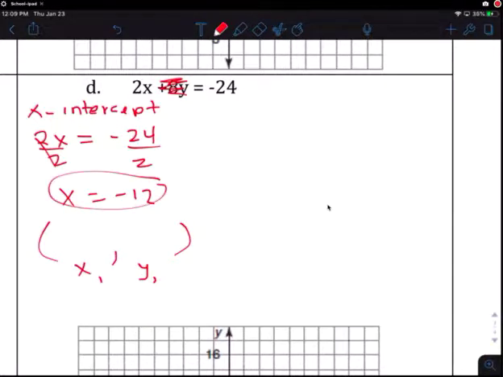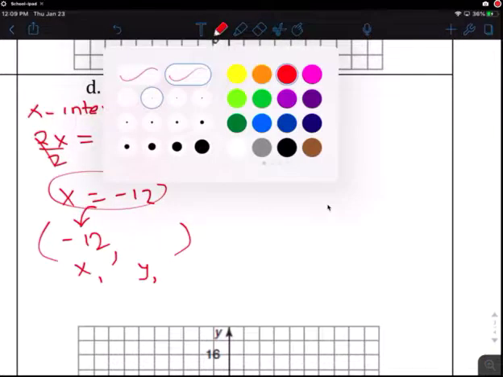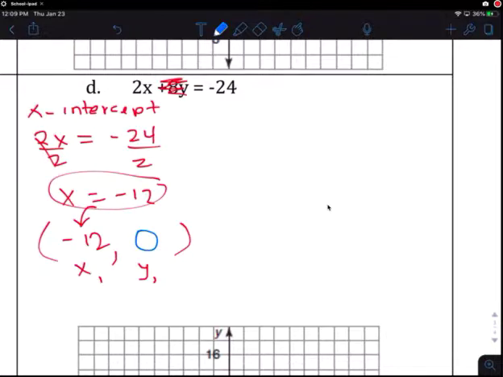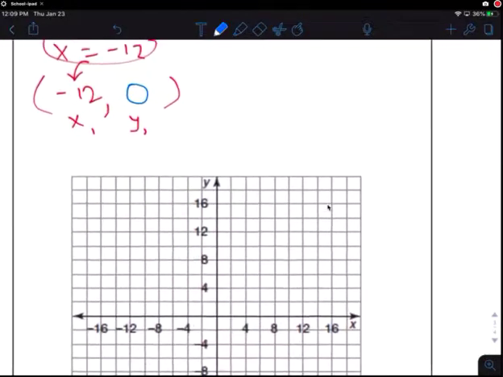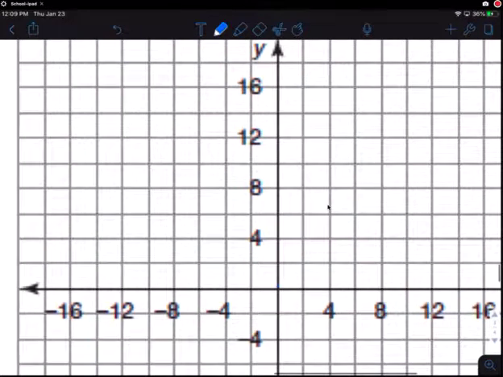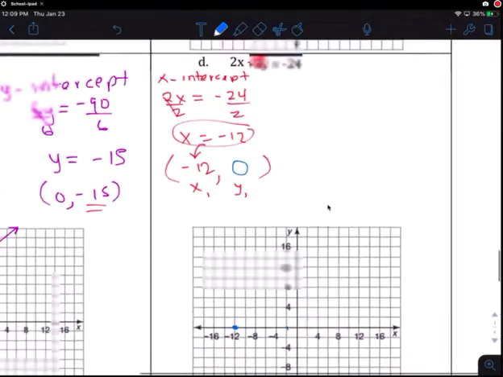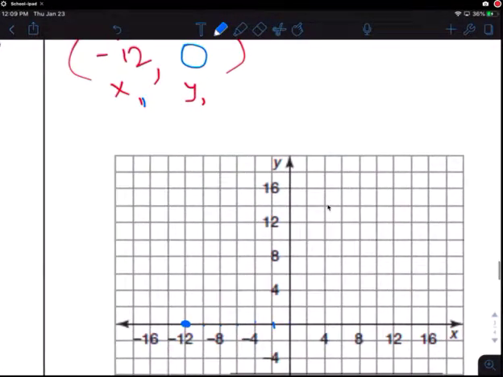This is x, so it goes under the x side, negative 12. There's no y left, so you put 0 for y. So the x-intercept is negative 12, 0. So this is 0, 2, 4, 6, 8, 10, negative 12, 0 right there. That's dot number 1, x sub 1, y sub 1.